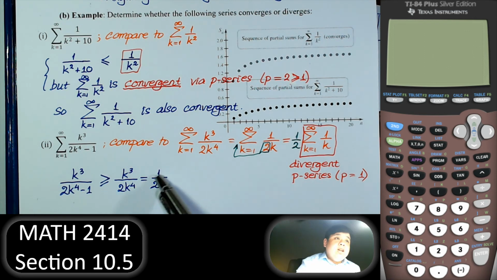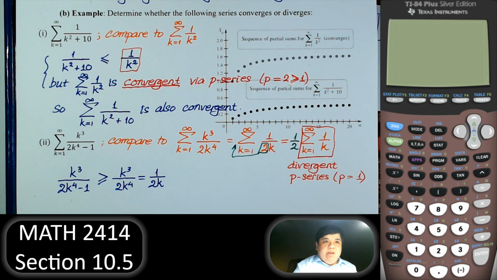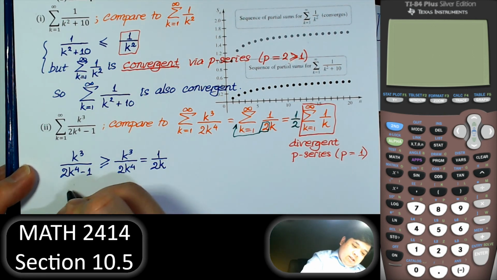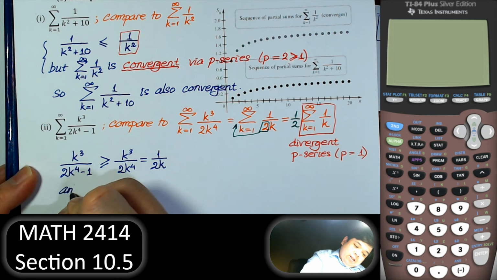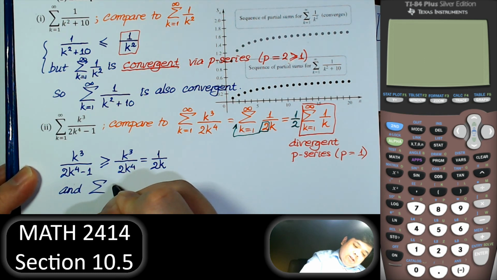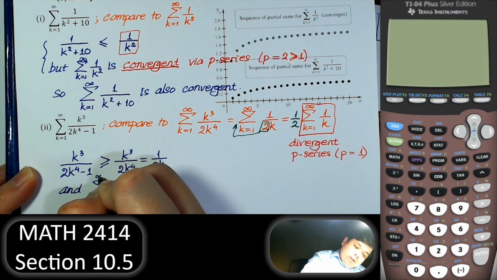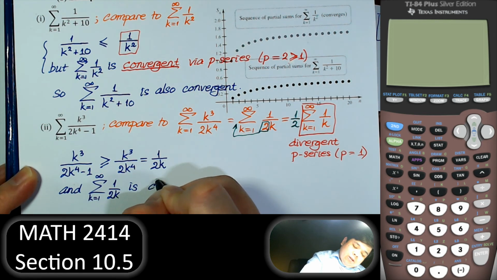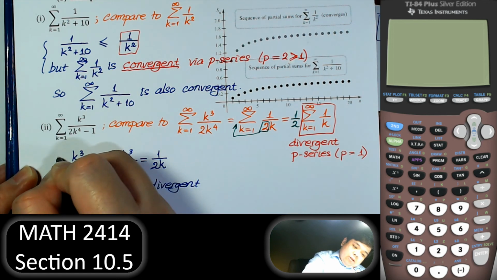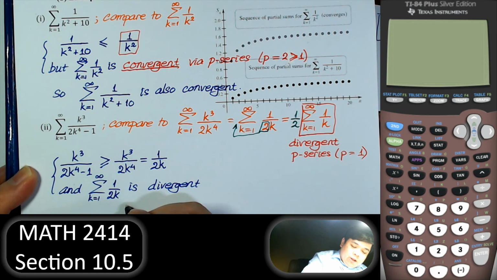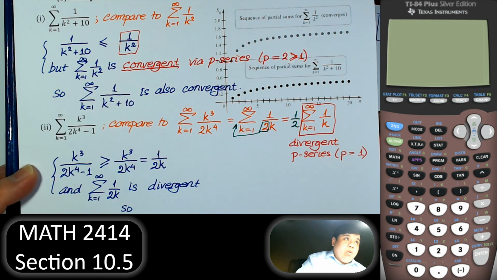And the series contained in this term is divergent, and it is bigger than divergent, so it will be divergent. So because of those two, the original series is also divergent.